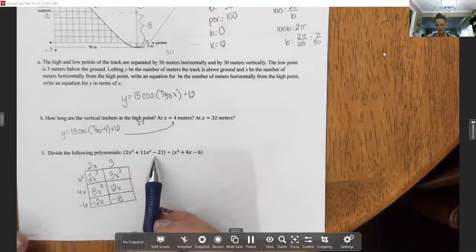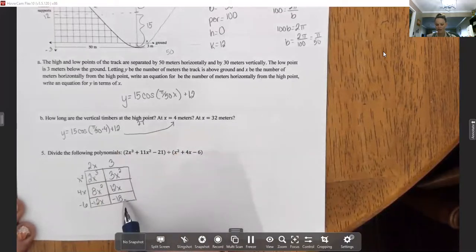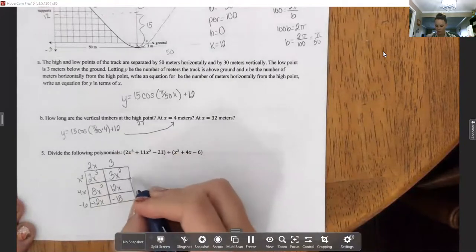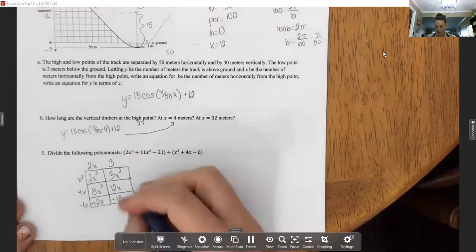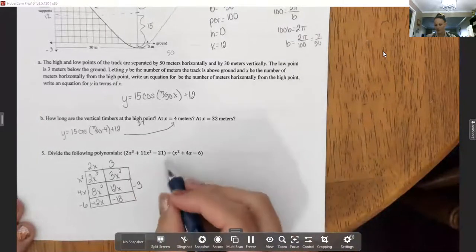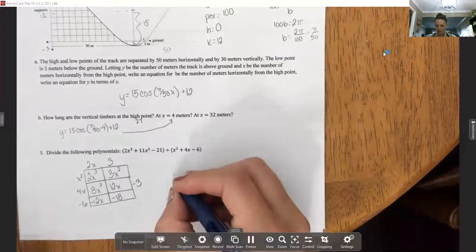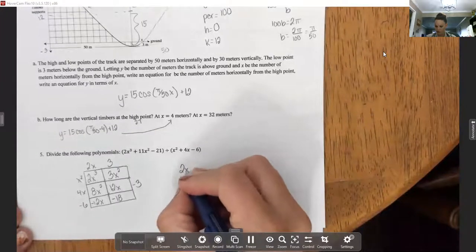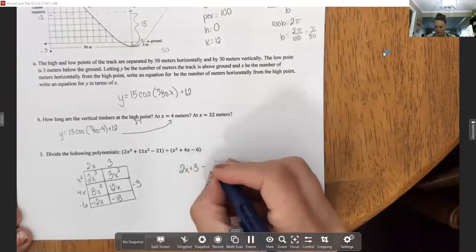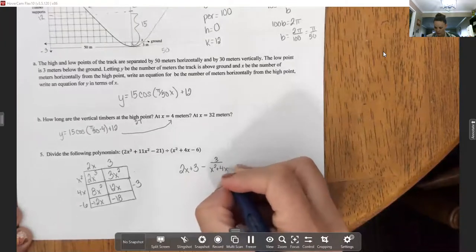Notice in this original, we didn't have any x's, but we wanted negative 21, and we have negative 18. So we don't need any more x's, but we need a negative 3 here to make this negative 21. So this is equal to 2x plus 3 minus 3 over x squared plus 4x minus 6.